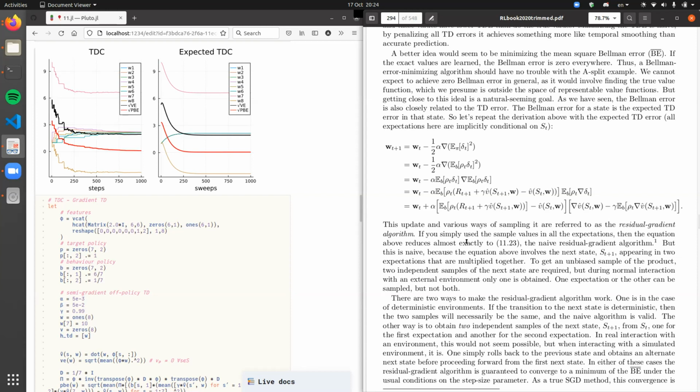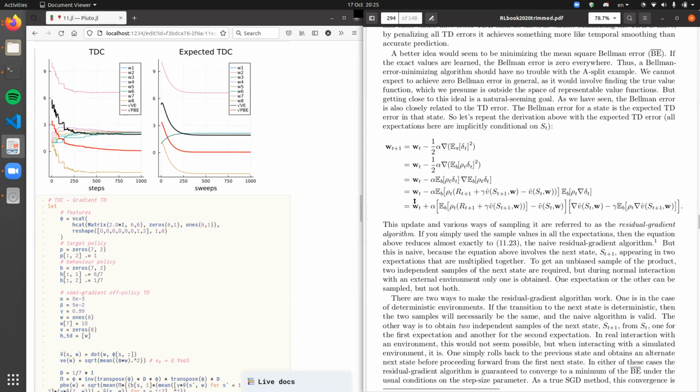Then after many steps, if we decrease the learning rate appropriately, we will converge to a local minimum, or a global minimum in the case of convex functions. But to make this work properly, we need two independent samples for s sub t plus 1 and s sub t. In many cases, we cannot get these samples.